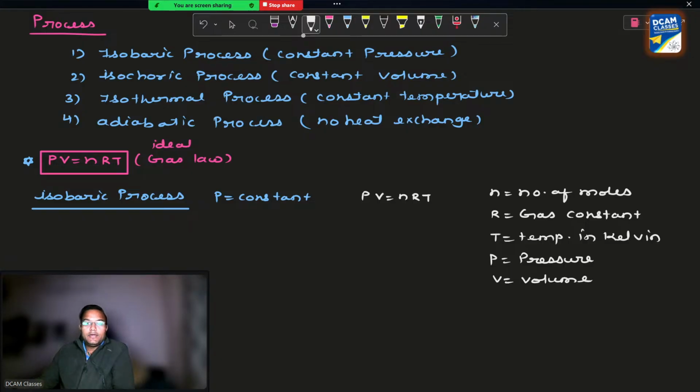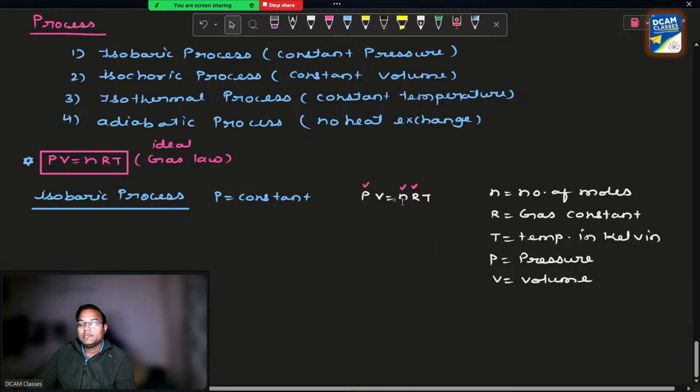Now, when we are saying P is constant, what things are constant? P is constant, n is constant, R is constant. Because n is number of moles. If we are not changing the number of moles of a gas, not adding some other gas to the existing gas, that means we are not tampering with the number of moles present already. So number of moles will be constant. Gas constant R, its value remains constant always.